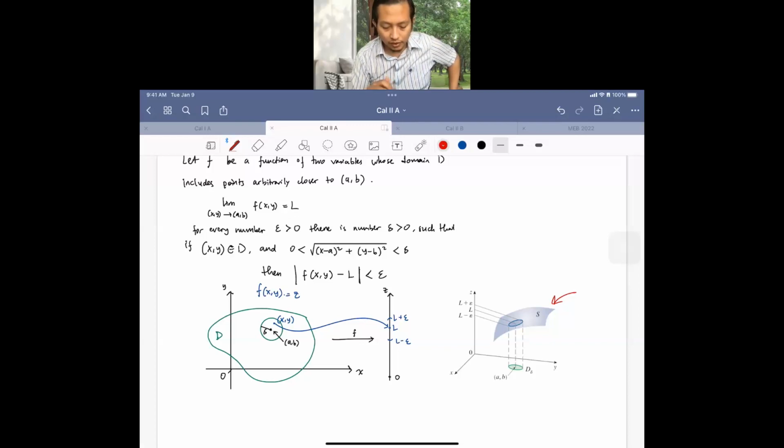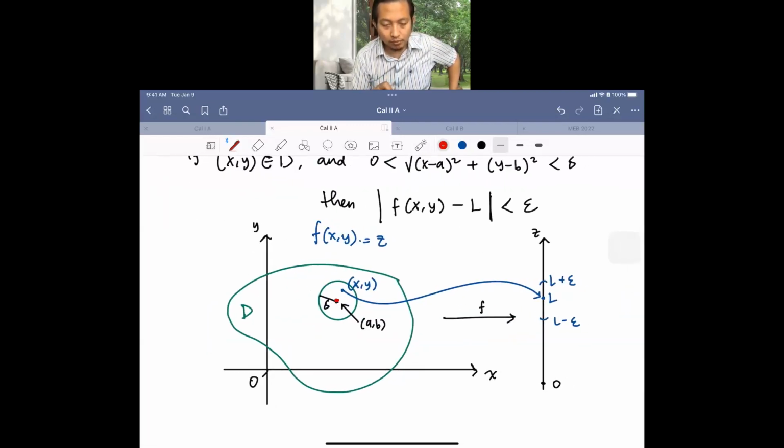So we have this point here in the middle, and we can approach the point (a, b) from many points inside this domain delta. Okay, so the delta can be in between of this circle.